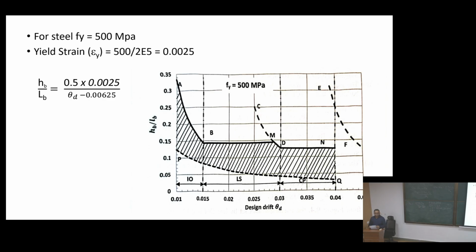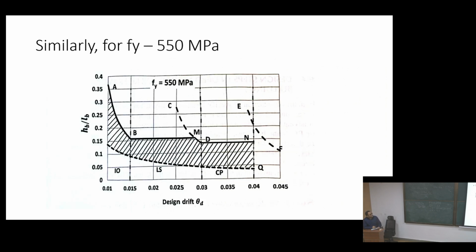Questions? Similarly, if you have a higher grade steel, the ratio increases for life safety and collapse prevention respectively, just because your yield strain is higher.